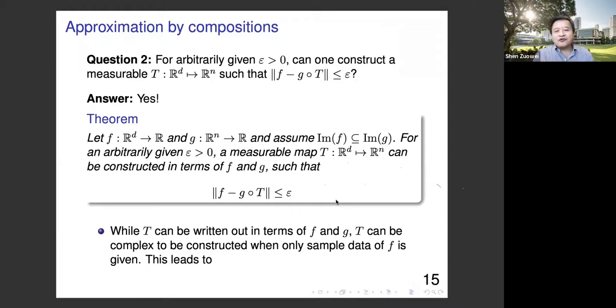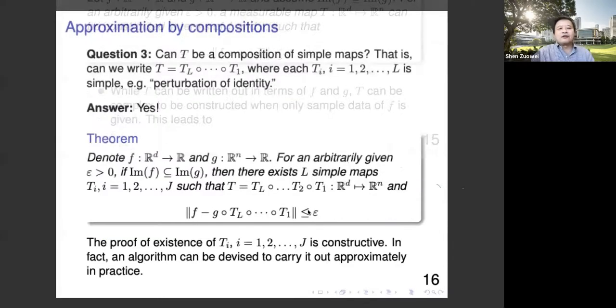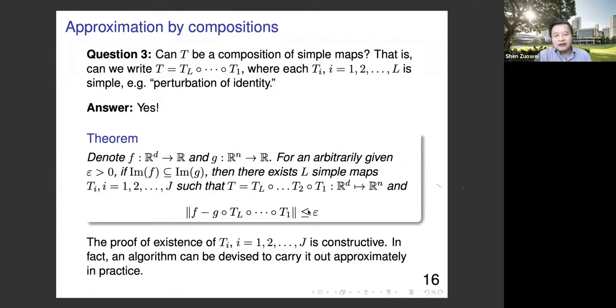But whether this construction is computable is another matter. This function is very complex, and it's unlikely to be constructible. Because of that, we ask the next question: can you decompose T into a few layers, a composition of T1 up to TL, where each Ti is simple?